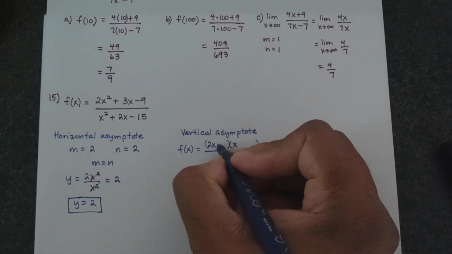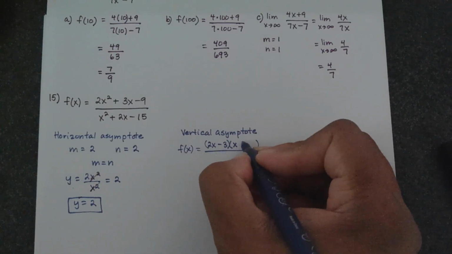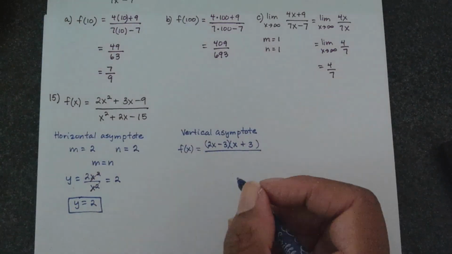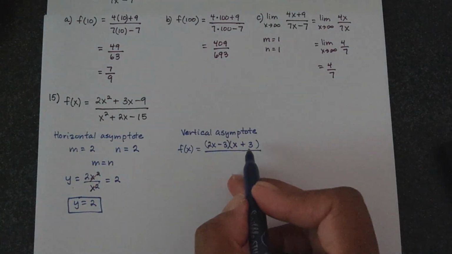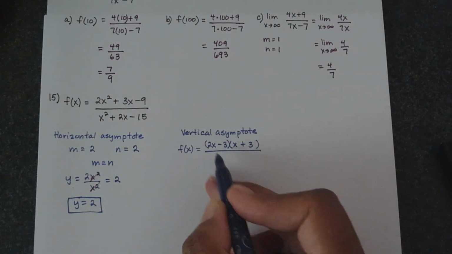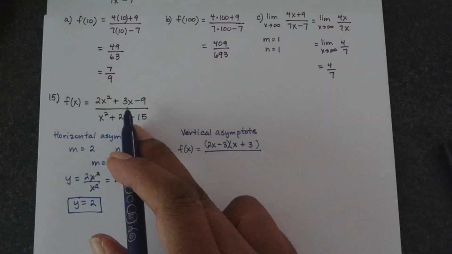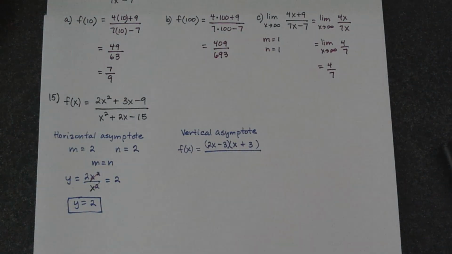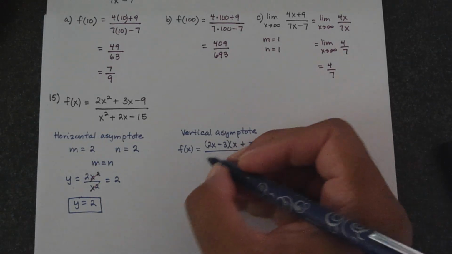If I put the minus 3 here and the plus 3 here, and I'm doing this by trial and error, the outer will be 6x, the inner will be minus 3x. 6x minus 3x gives me 3x as the middle term. So the numerator factored is 2x minus 3 times x plus 3.